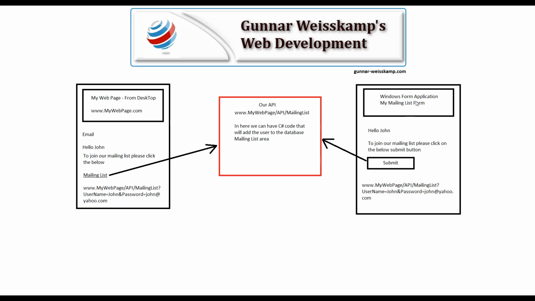The only difference is we're coming from a Windows Forms application compared to a web application. It might not be commonly known. Desktop applications are becoming a bit old and not widely used anymore, but you can do a web API call from a desktop application as well.